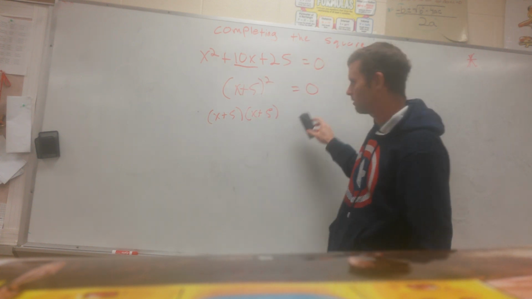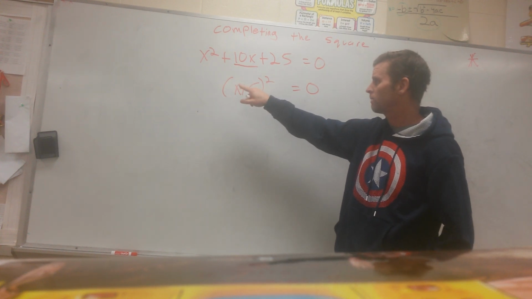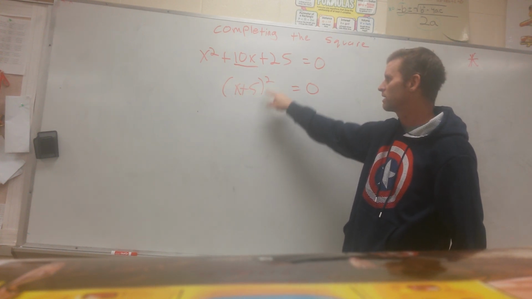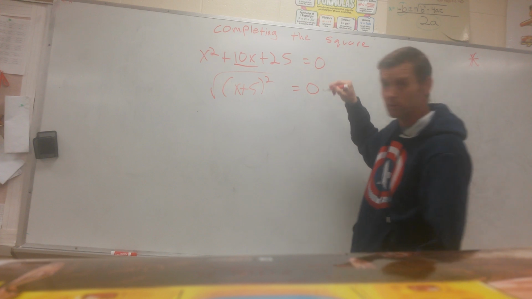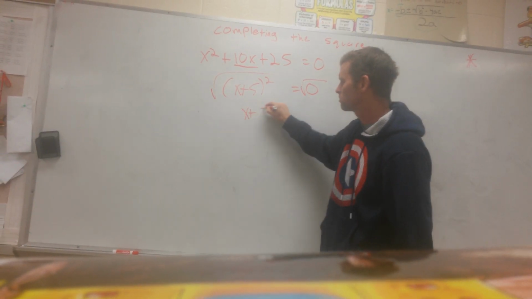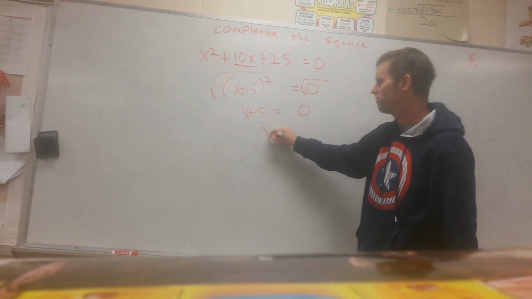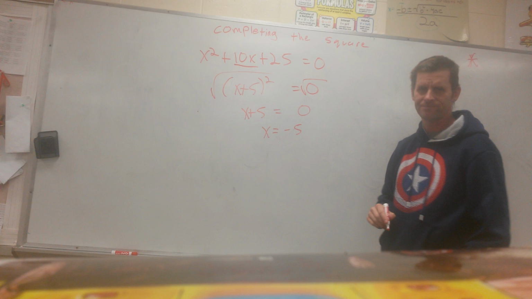Go back to last year, when you just say once upon a time there was an x, it was added to 5, it got squared, we square root to undo squaring, and we get x plus 5 equals, square root of 0 is 0, fling the 5, x equals -5.